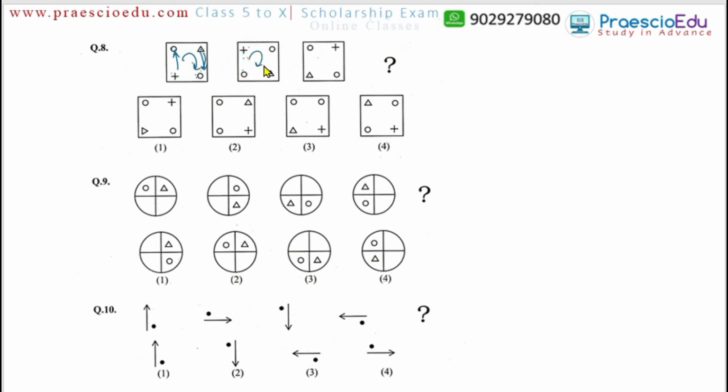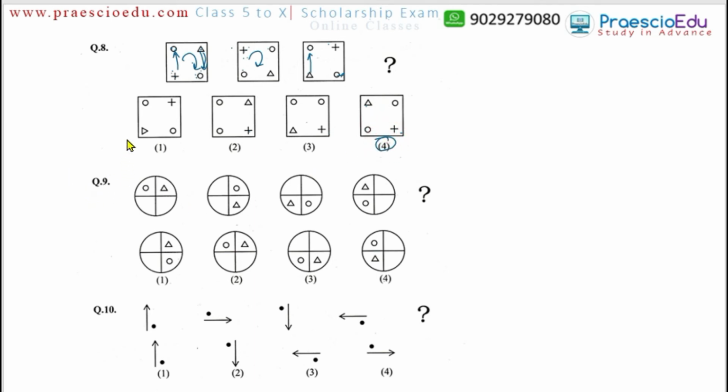This one also clockwise, so this positive sign comes here, then comes here, and in the next figure it will come to this corner. After this one the triangle is here, and the triangle should come here, so option number 4 should be correct.